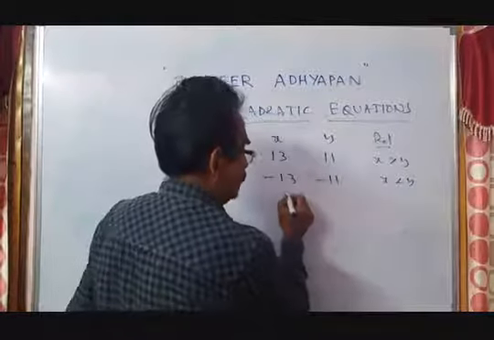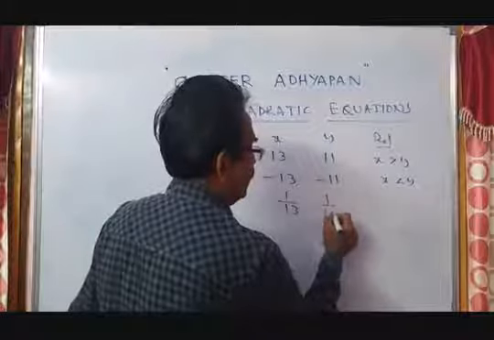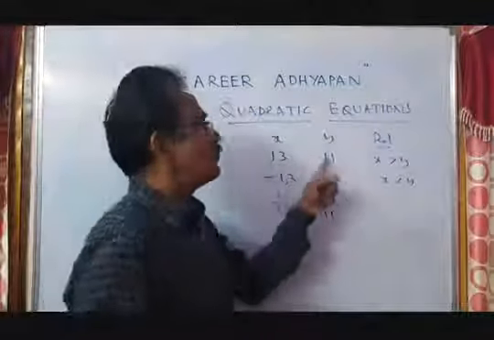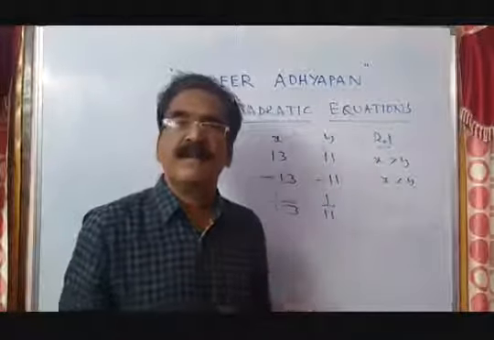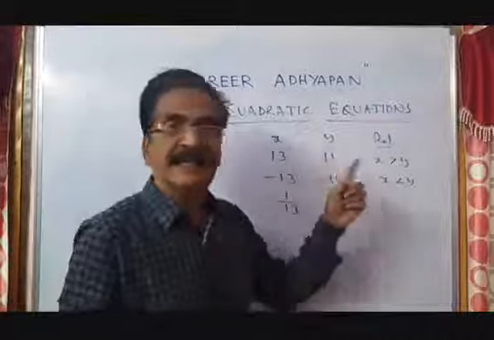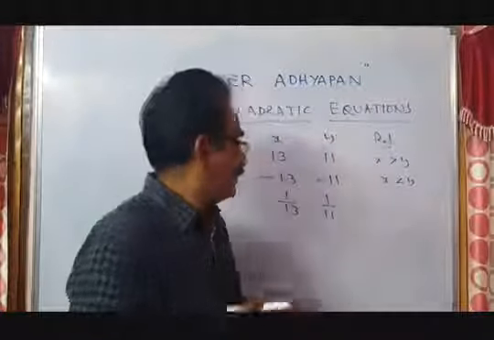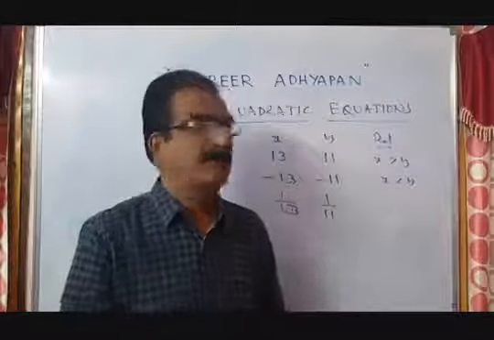In the same way, 1 by 13, 1 by 11. When the values are inversed, if 13 is greater than 11, then 1 by 13 is less than 1 by 11.